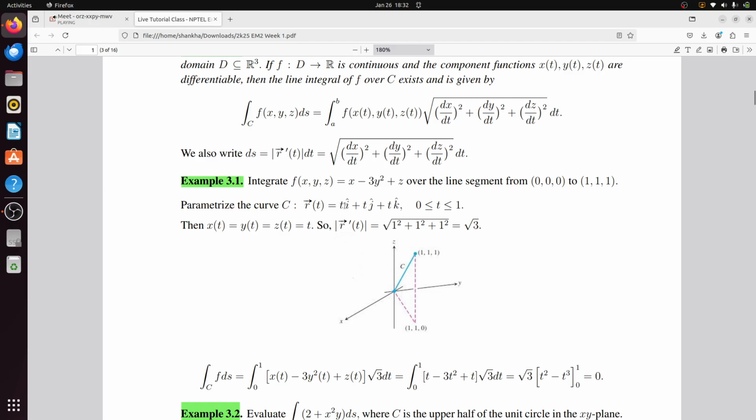You introduce the parameter t, and the parameterization of the curve C will be r(t) equal to t i plus t j plus t k, because you need to go over the line segment from 0 0 0 to 1 1 1. That means you just vary t from 0 to 1.